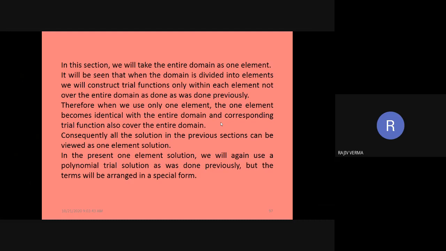So once the FEM solution has been achieved, and supposing you want to find out the temperature at a particular location, then the value of x, that is the space coordinate, corresponding to that particular location is supposed to be substituted in the polynomial so that you can find the value of the temperature at this location.